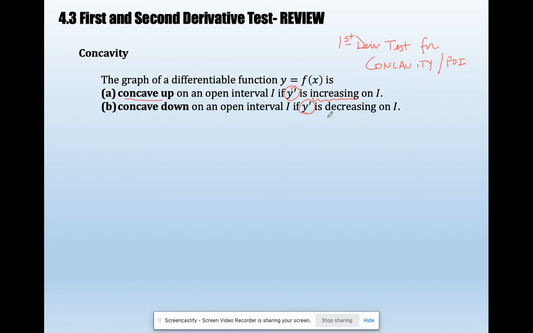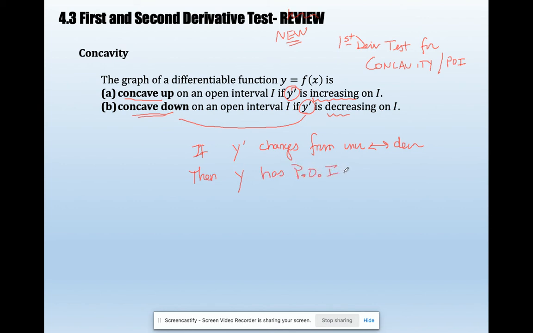If the first derivative is decreasing, that means your original is concave down. If your first derivative changes from increasing to decreasing, or vice versa, then your original has a point of inflection. Right?